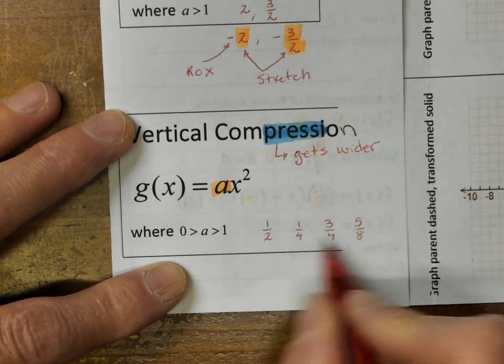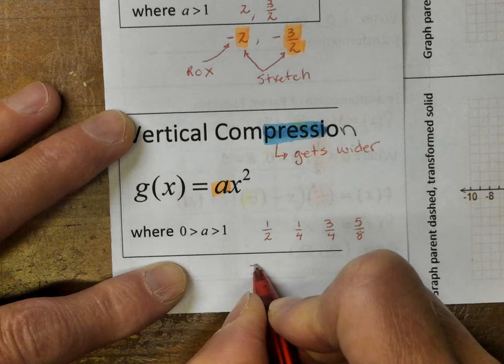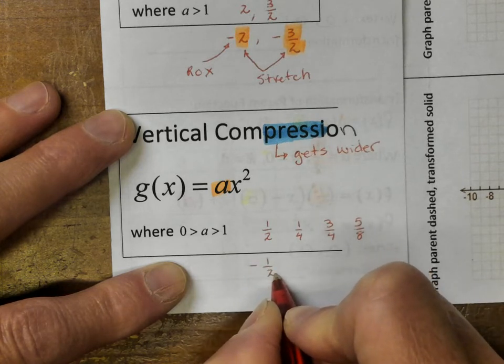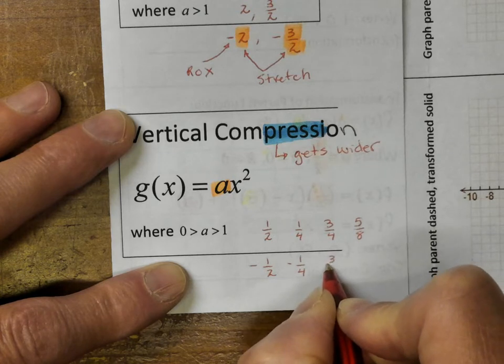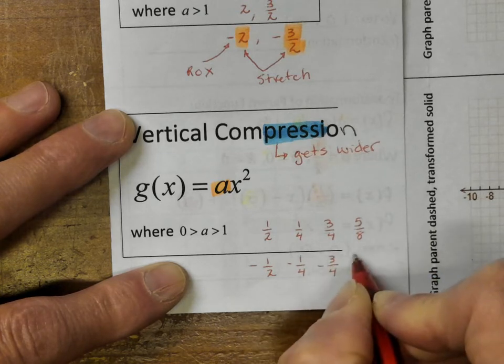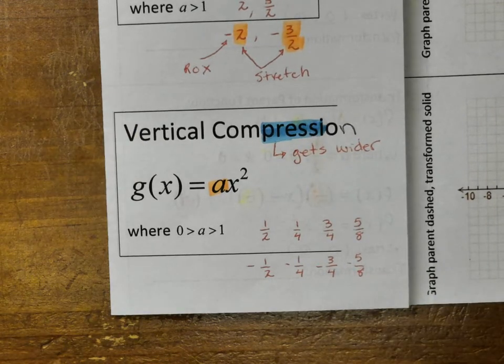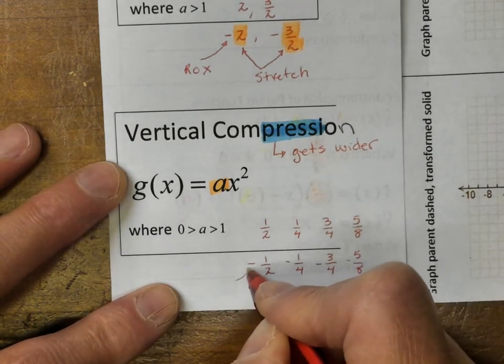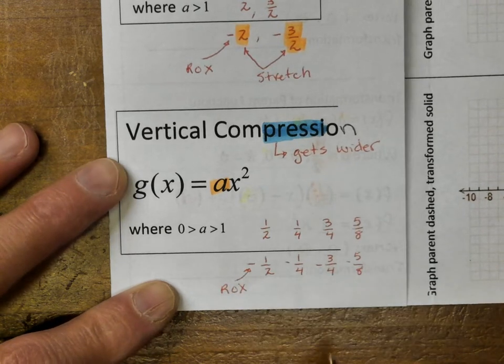These are all numbers between 0 and 1. And again, if I put a negative in front of any of these numbers, it is still a compression because these negatives are simply a reflection over the x-axis. It would just be flipped upside down.